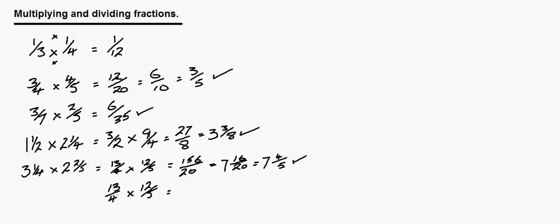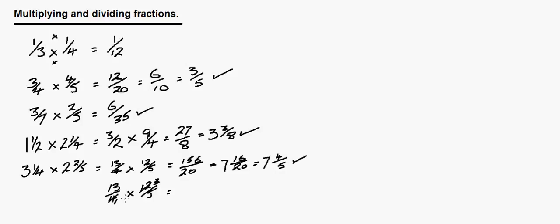Now 4 and 13, there's no connection. 5 and 12, there's no connection. 5 and 13, there's no connection. But 4 and 12, I know 4 does go into 12. So 4 into 4 goes once, and 4's into 12 goes 3 times.